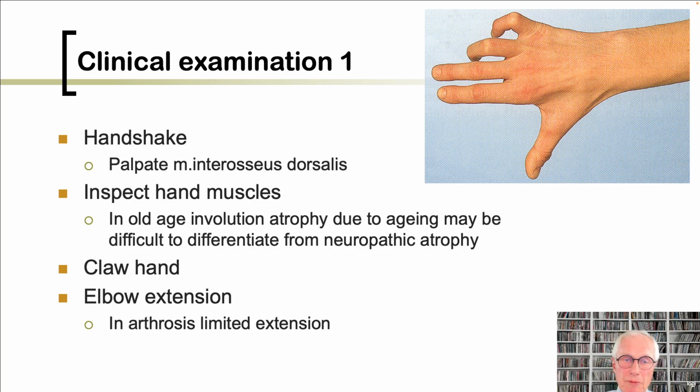And we see that with ulnar neuropathy we get a typical claw hand where the little finger and the ring finger are flexed like this. And this is because of the denervation of the lumbrical muscles. The lumbricals are extensors of the fingers, and that's why we see this kind of position.